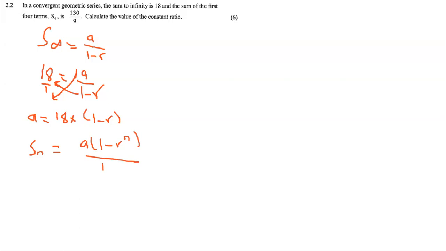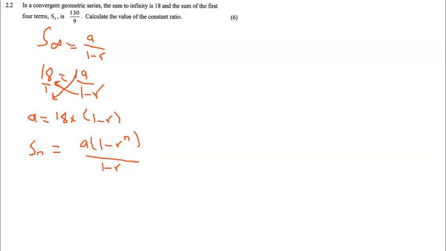But even if you don't know r, I advise that you use this formula, because on the formula sheet they give the other one, a times r to the n minus 1 over r minus 1. Unless they tell you that r is above 1, stick to this sum formula.